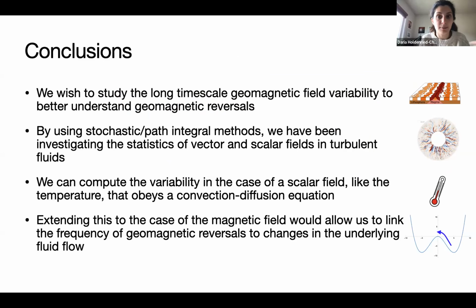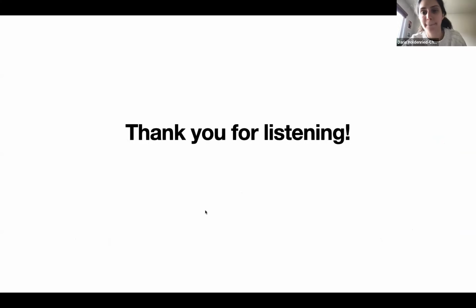For the simple case of the temperature, we're able to calculate the variability, and we are hoping to be able to extend this to the magnetic moment, and then try to combine that with paleomagnetic information to understand geomagnetic reversals better. Thank you.